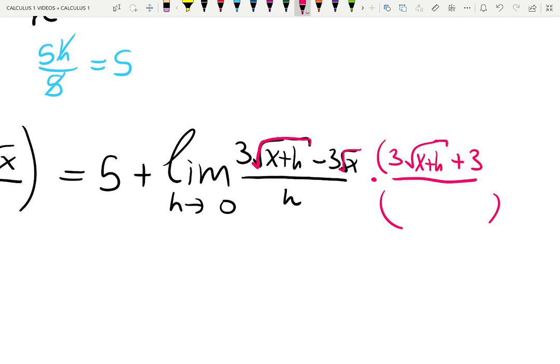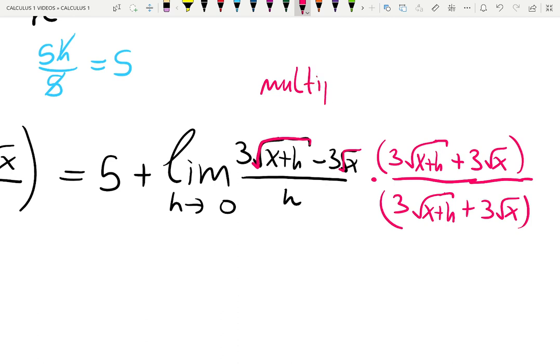Since it's negative, now it's going to be positive. So plus in the middle. But because I cannot just multiply by something and say that that is legal to do, I have to divide by that term as well. Like so. So multiply by the conjugate. Review conjugate.